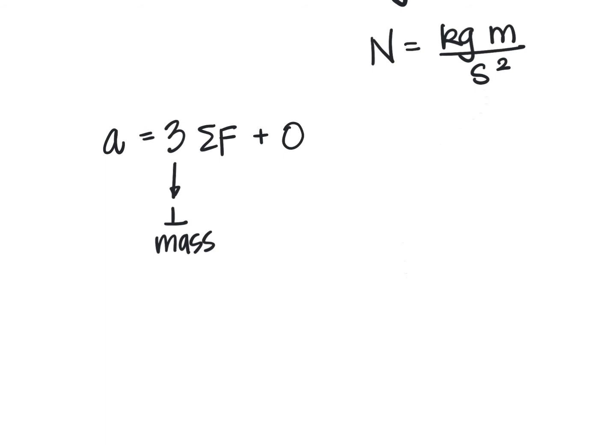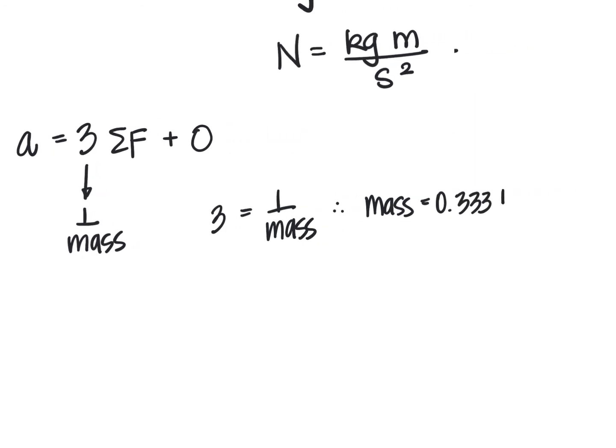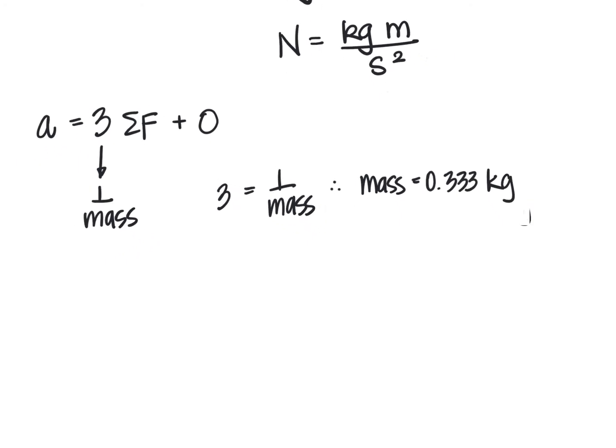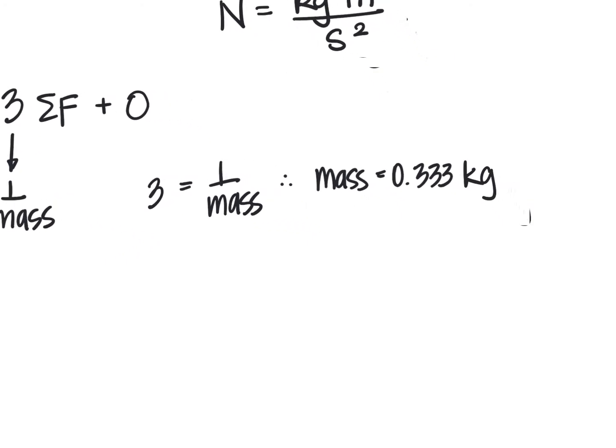And let's take our number. Let's say 3 is equal to 1 over mass. Therefore, mass is about 0.333, and that would be in kilograms. And so converting that to grams, we'd have 333 or so grams, which is very close to being the mass of the cart.